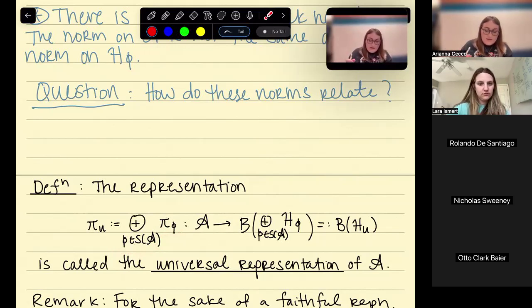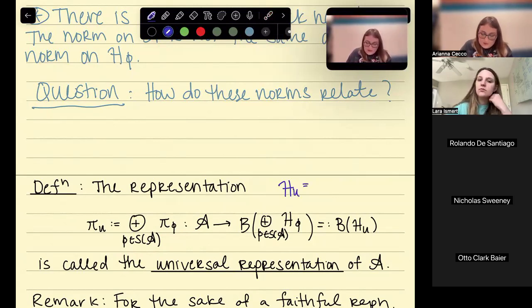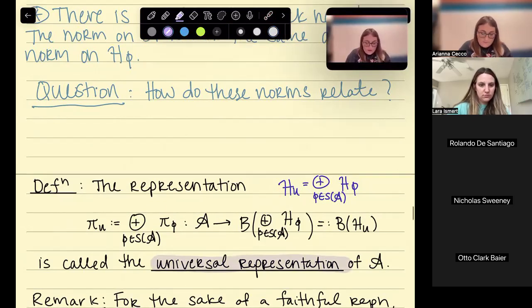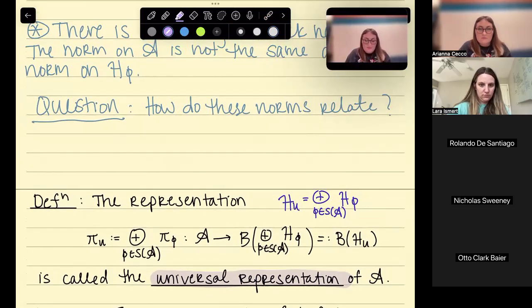This Hilbert space is going to be the sum over phi in the state space of H sub phi. So this representation is from A to B of this Hilbert space, and we call this the universal representation of A. This is not faithful.